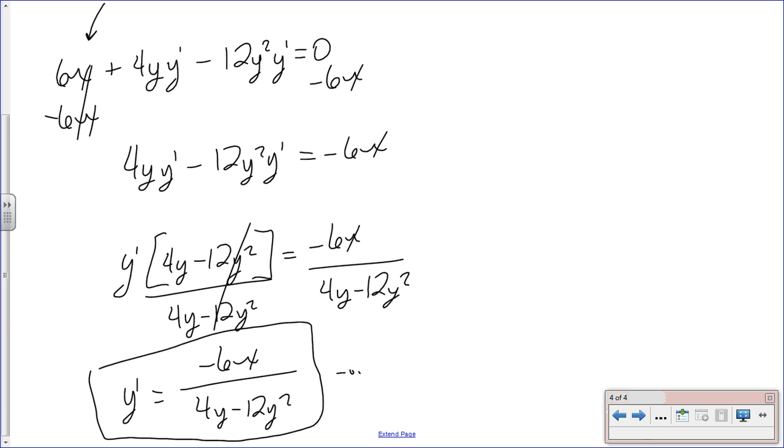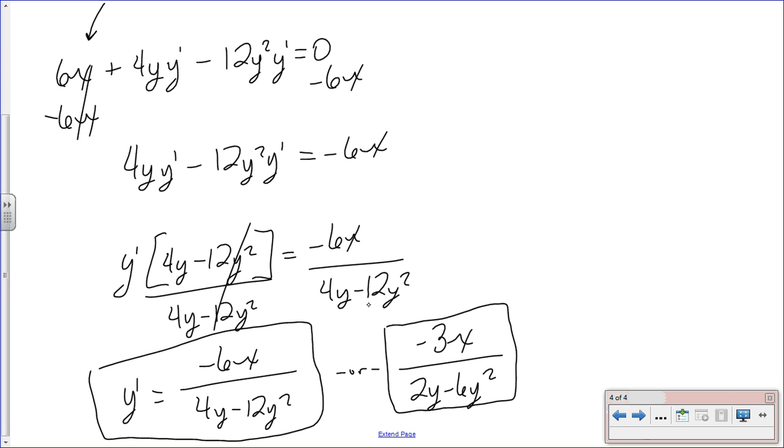Or you could factor out a 2, so you'd get negative 3x over 2y minus 6y squared. I would take either answer.